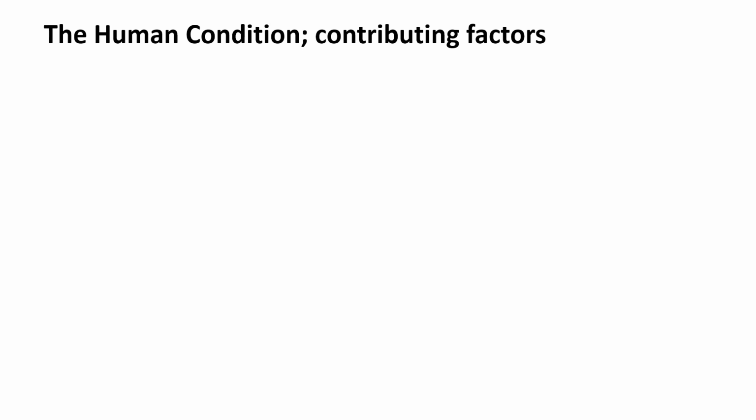And unfortunately, oftentimes professionals get into the helping profession and they haven't done their own work and are not necessarily knowledgeable and following along with some of these guidelines. So let's just take a look at some of the human condition and the contributing factors. Again, I'm sure many of you have probably considered this and looked at this very early on in the profession, but it's a good reminder.